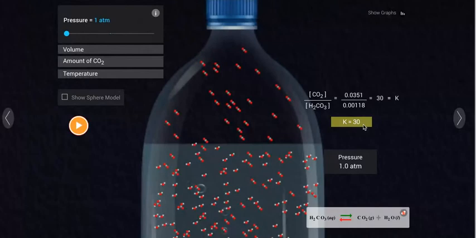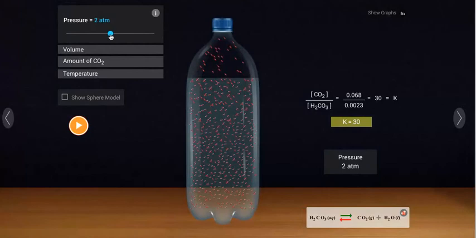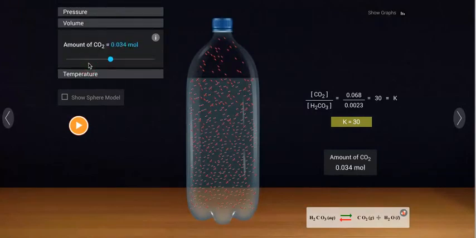The next variable that I am going to alter is the volume. So in this case, I will just set the pressure back to 2. And what I'm going to do is I'm going to increase the amount of CO2. How do I do that? Well, there are carbonation machines that you can buy that people actually like to carbonate their water and add flavorings to it.